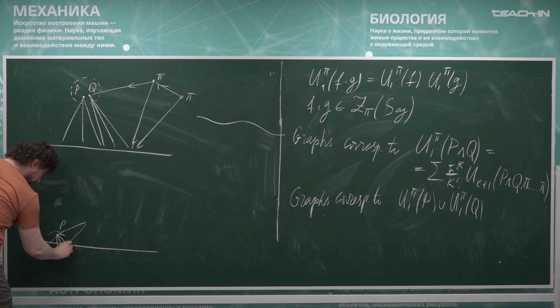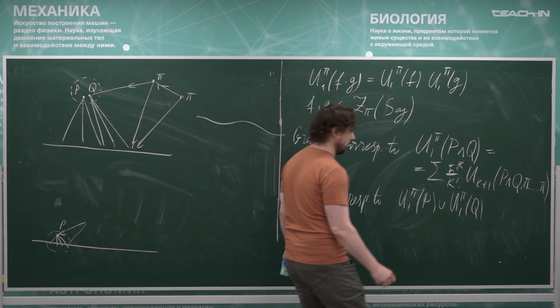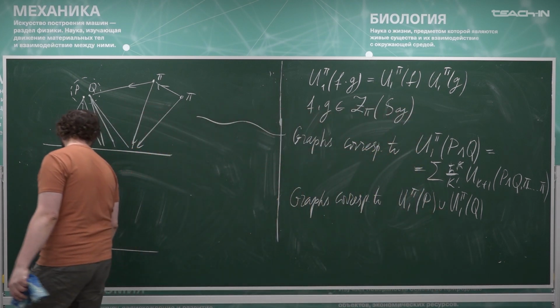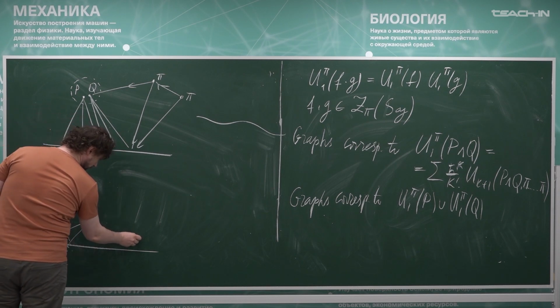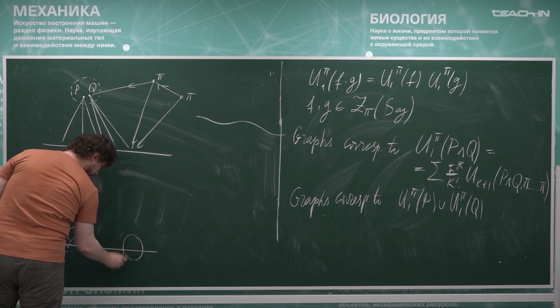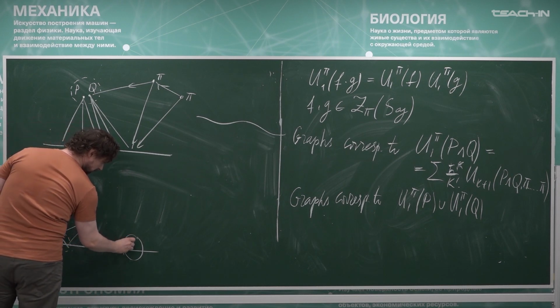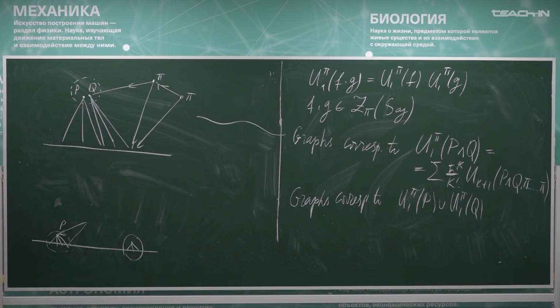So it's very close to the boundary, so it corresponds to this, right? And another point which will correspond to q, which will also be very close to the boundary, but they should be pretty far away from each other, right?